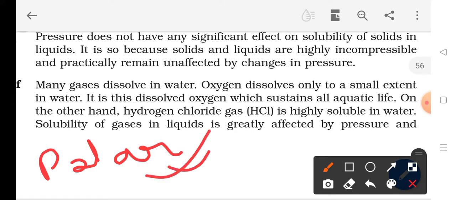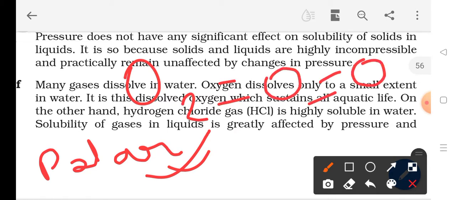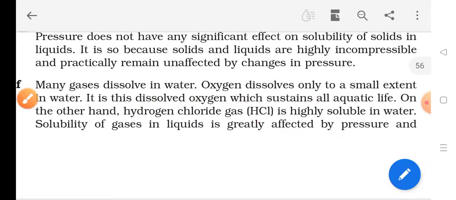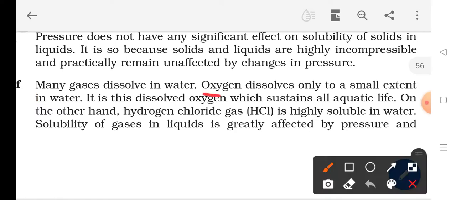But here oxygen is non-polar, because both atoms have the same electronegativity, so they don't have any charge. But water is polar. I already told you that water is polar. So why would a non-polar thing dissolve in H2O, right? That's why oxygen dissolves only to a small extent in water.